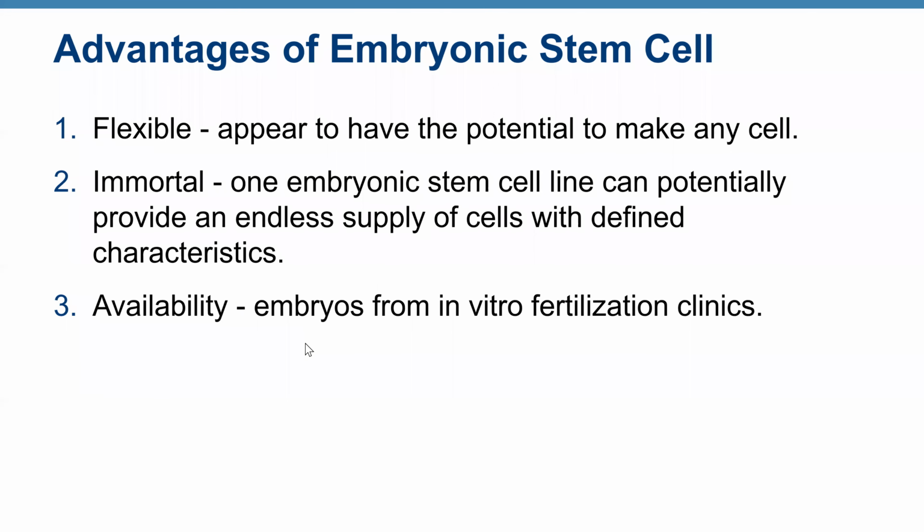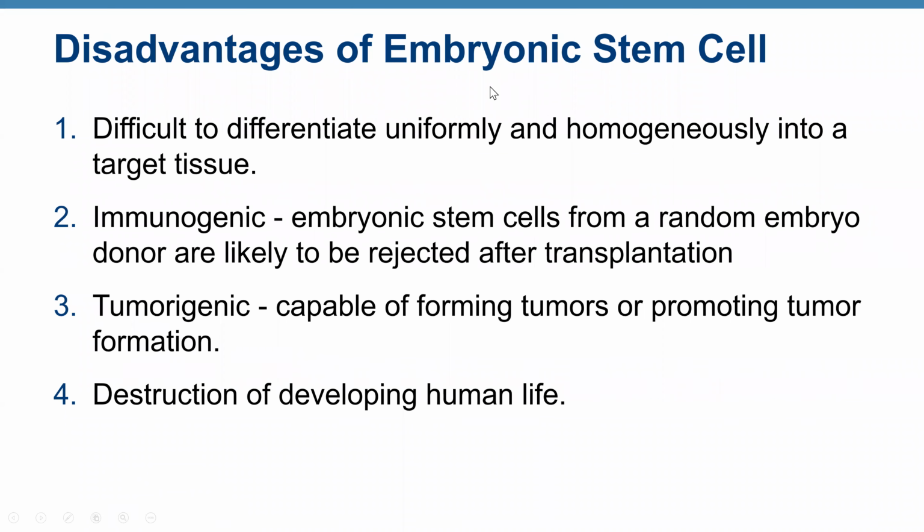So those are the advantages. We do have disadvantages. They are difficult to differentiate uniformly and homogeneously into a target tissue. So if you have a bunch of cells, sometimes some of them differentiate, some don't, so it has some difficulties. They are immunogenic.